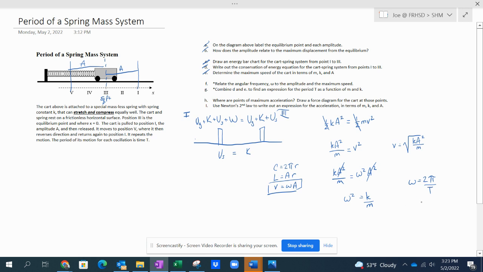So I can also look at this, set this equal to radical k over m, which would be taking the square root of both sides and then rearranging this whole thing for the period.